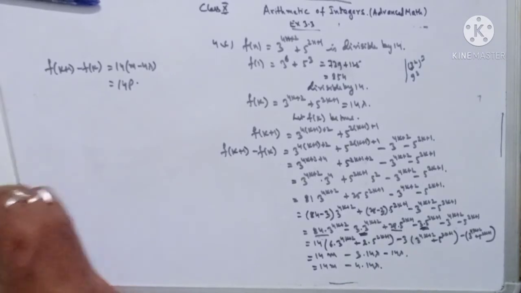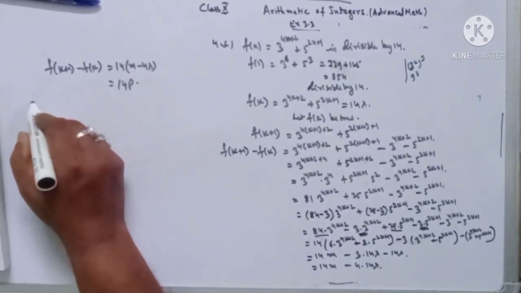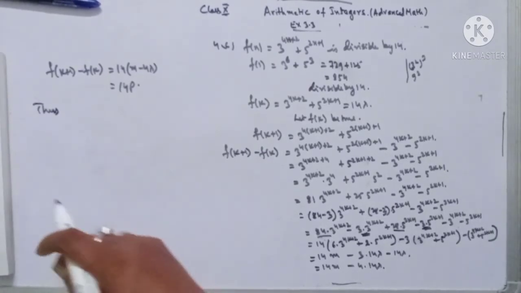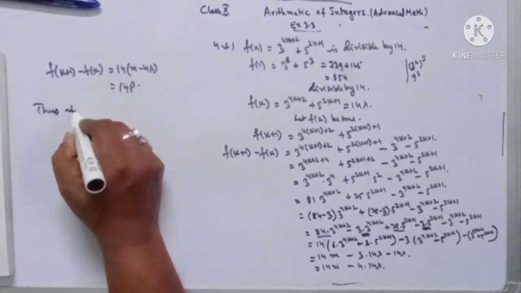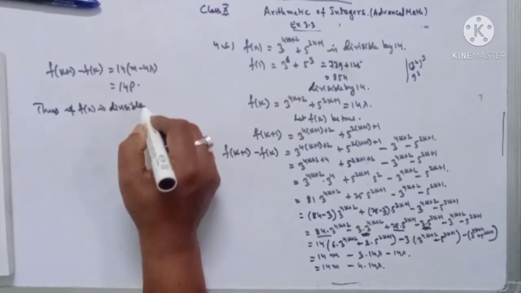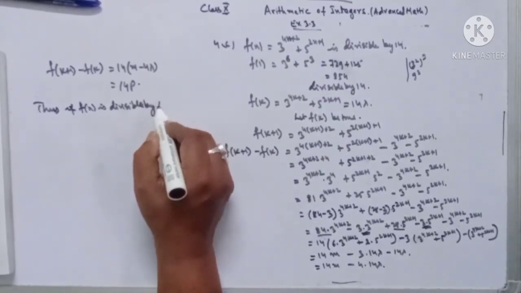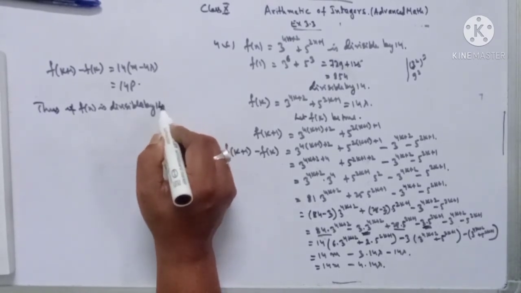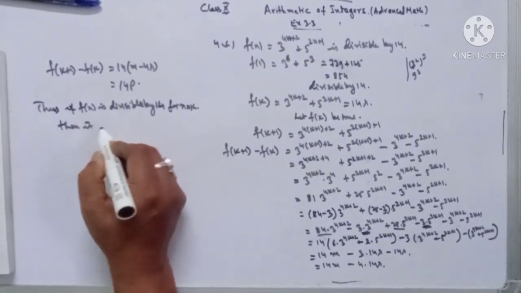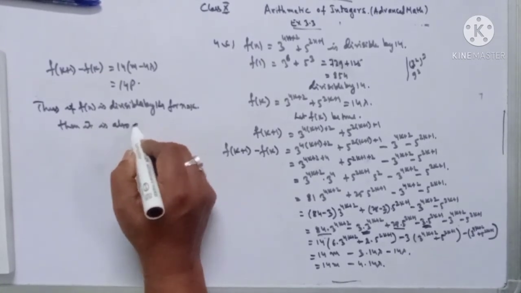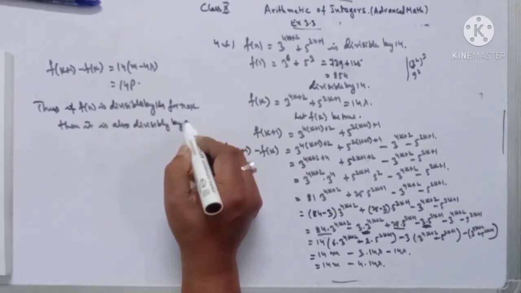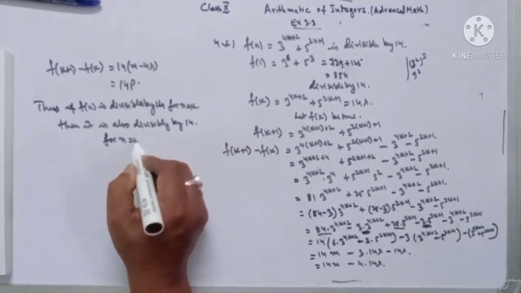Now I can write the statement here. Thus I can write the statement as: if f(n) is divisible by 14 for n equal to k, then it is also divisible by 14 for n equal to k plus 1.